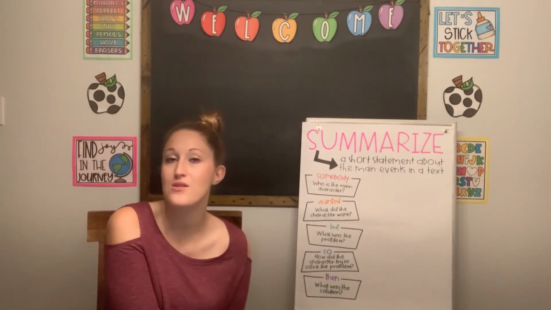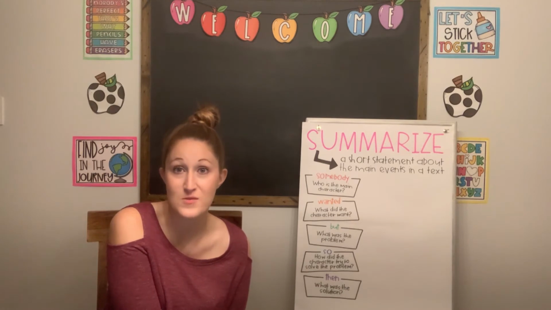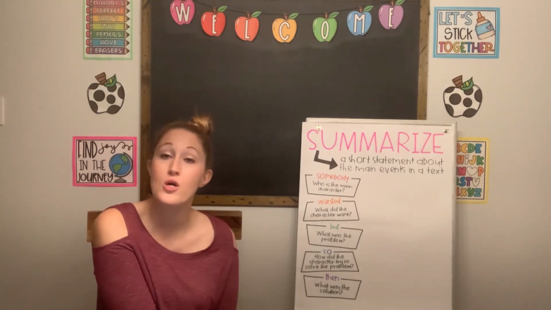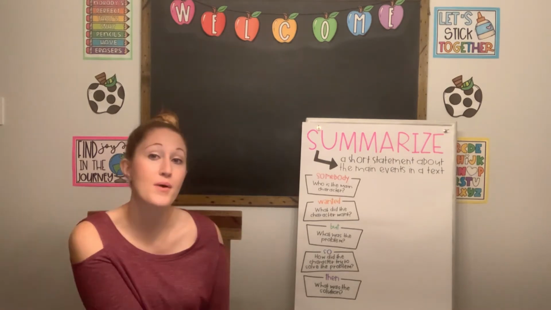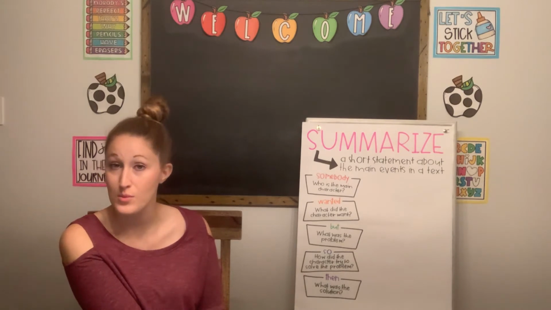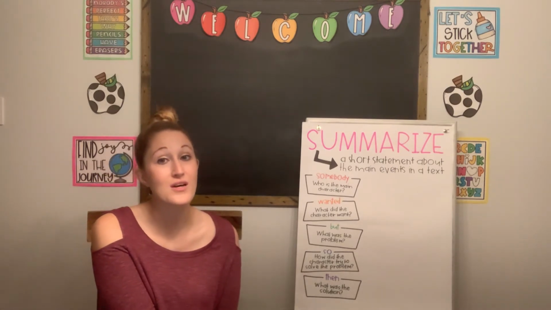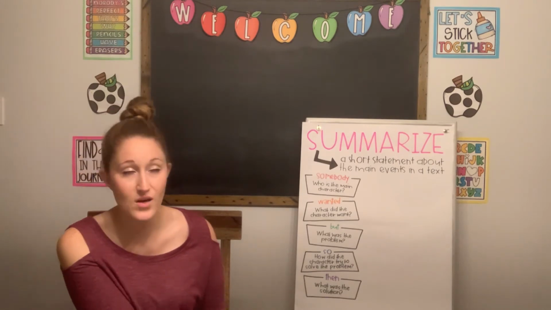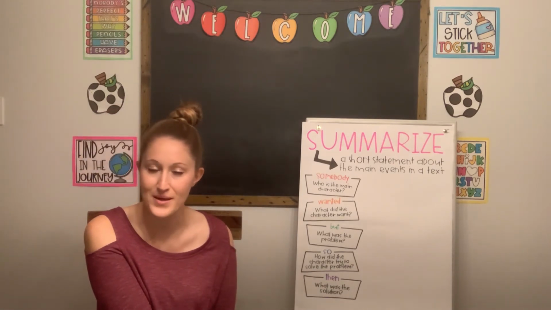But this book had some differences as well. Our characters were kind of flip-flopped. In Goldilocks and the Three Bears, it's a little girl who goes into the home of three bears. But in this book, it's a bear who goes into the home of three humans. So we've flopped our characters a little bit.